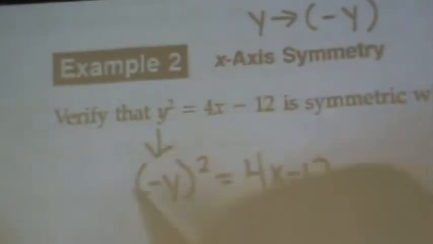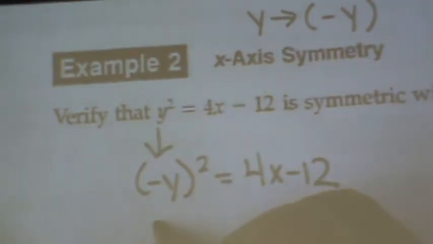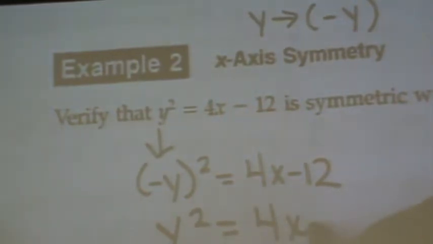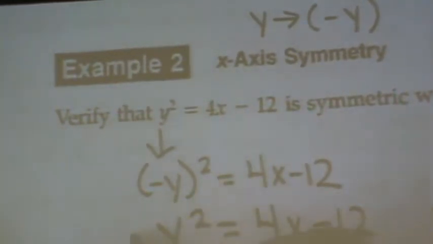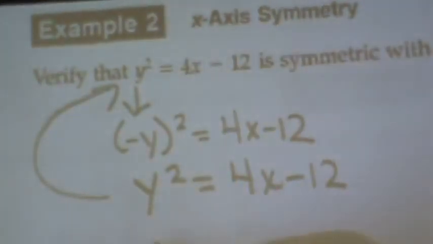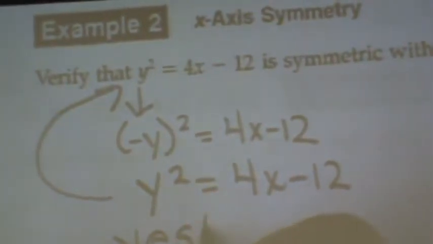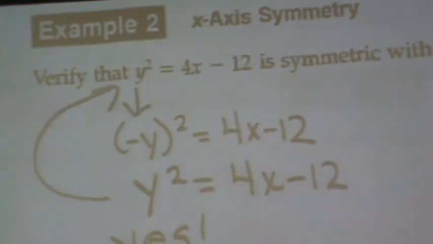Now simplify it. If you have an even power, what happens to it? And you get this. Did we get this equation back to its original state? Yes. So this has symmetry to the x-axis.